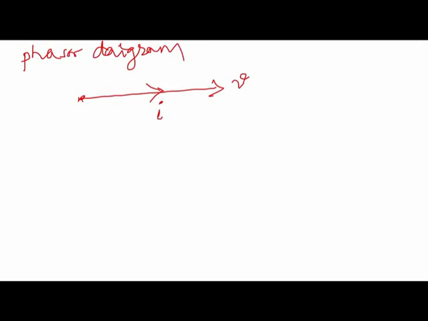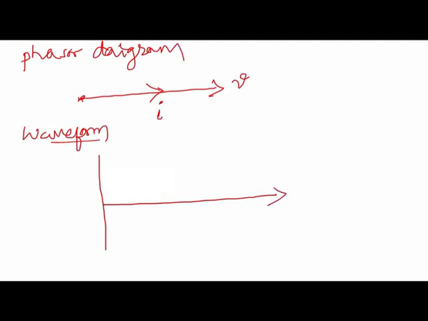Now let us draw the waveform of voltage and current. Let us consider again voltage is the reference wave for us. This is the sinusoidally varying voltage wave. Since we already know that current is also varying sinusoidally, to differentiate the current wave, let me draw it with the help of dotted lines.